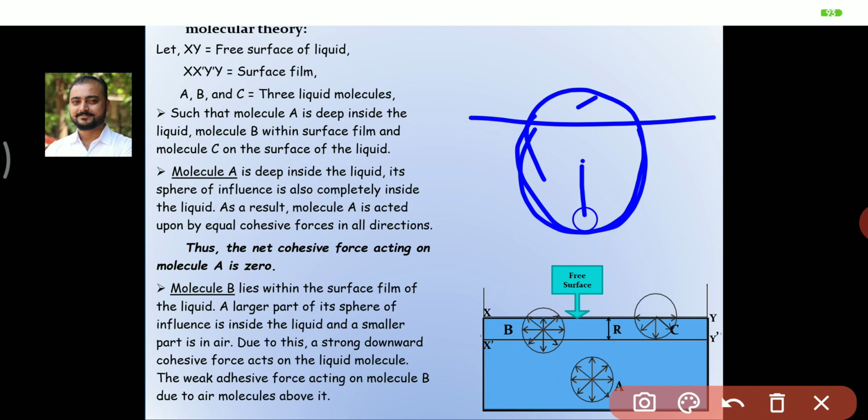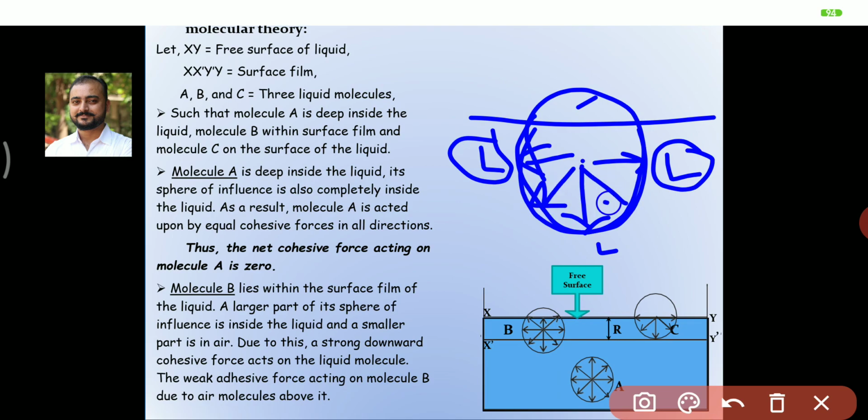Under this situation, the cohesive force due to the liquid molecules along this direction is cancelled or balanced by the cohesive force in the opposite direction. But the cohesive forces acting somewhat in a downward direction are not cancelled completely, because less force is acting in the upward direction, as very few air molecules are present.